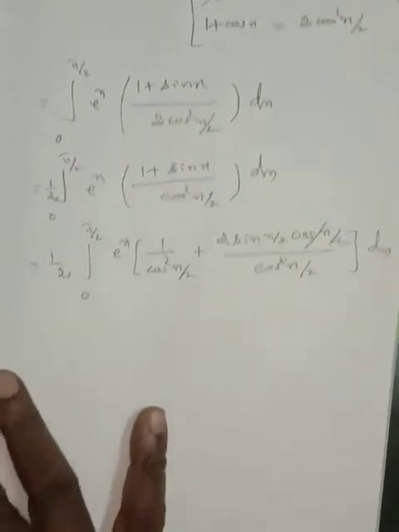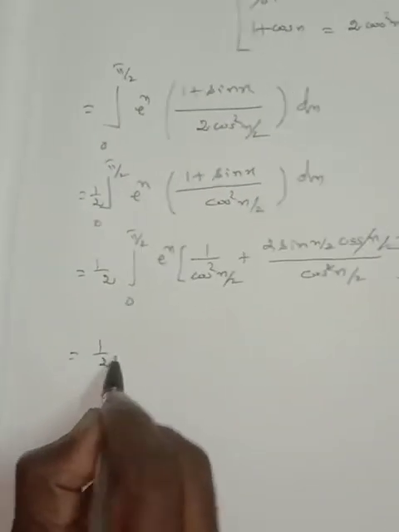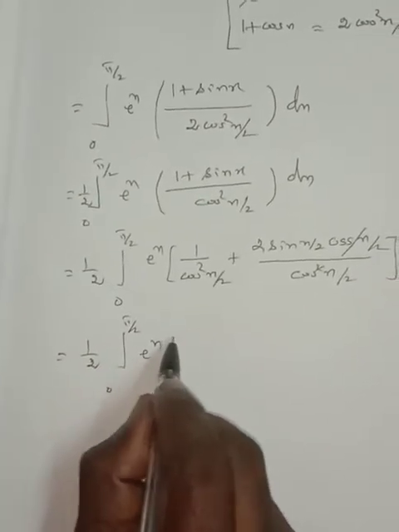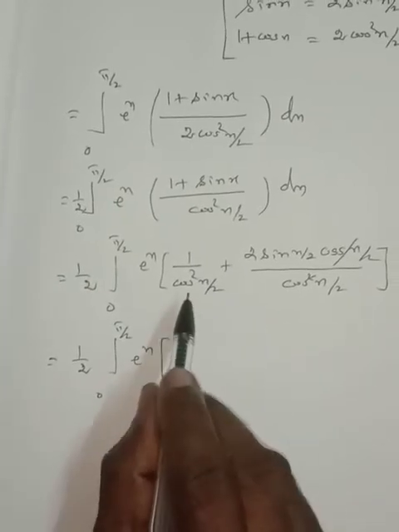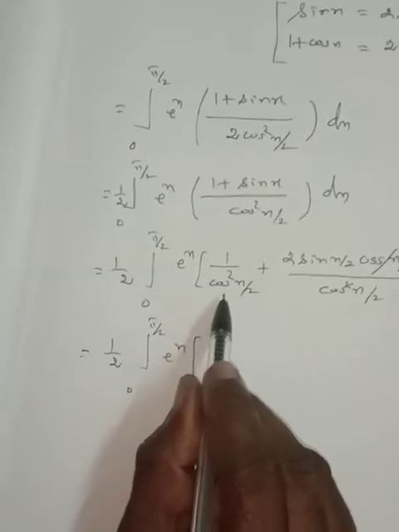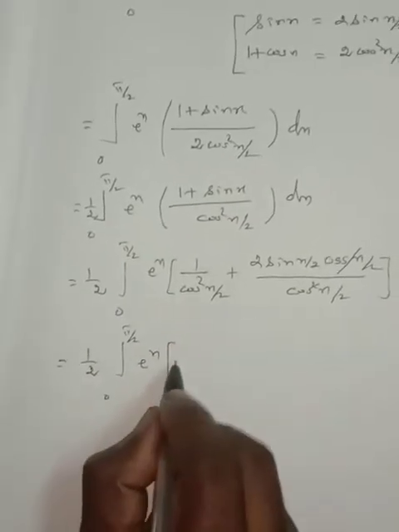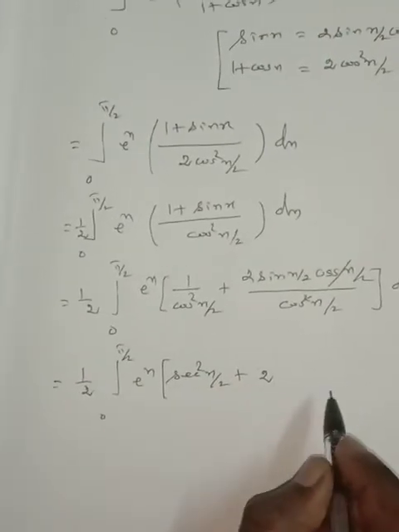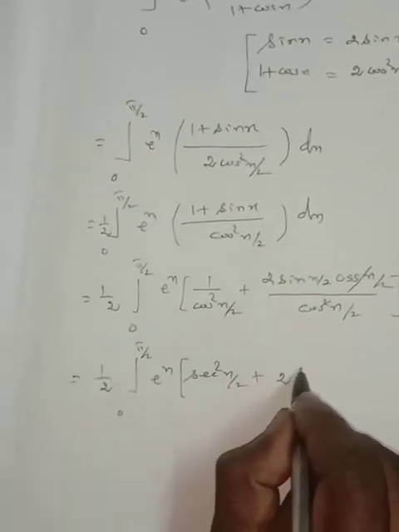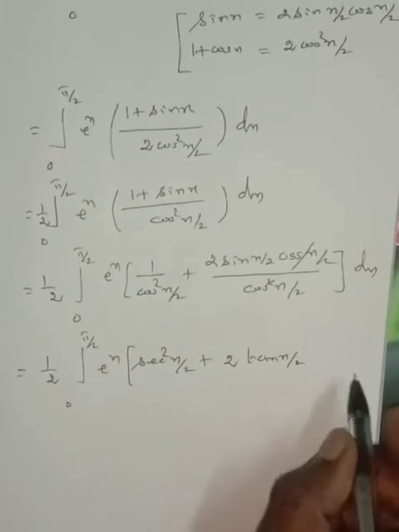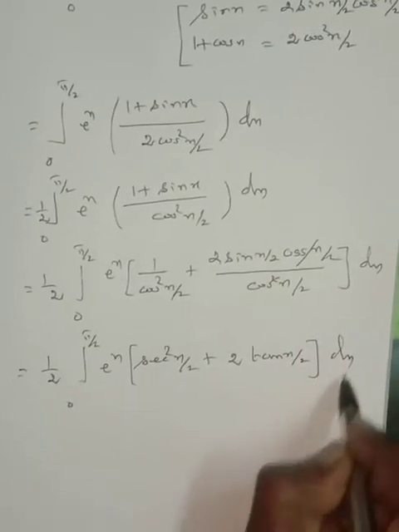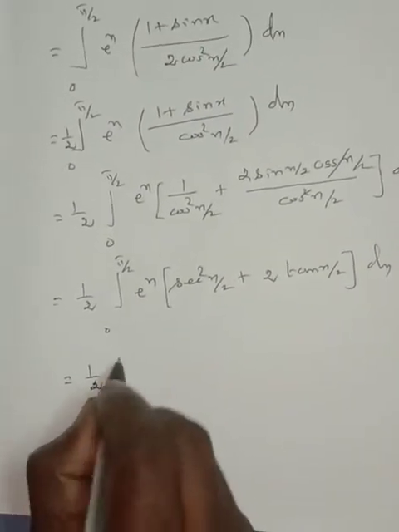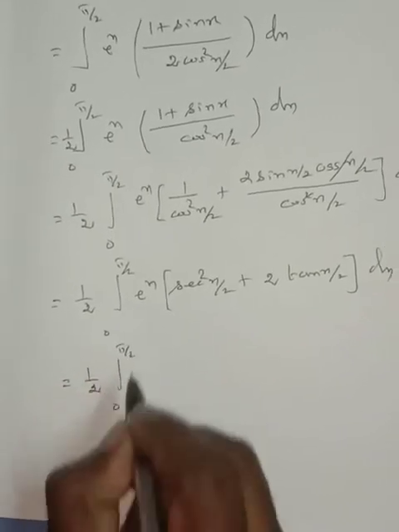Cos x by 2 cancels, we get 1 by 2 integral 0 to pi by 2 e to the power of x. Now 1 by cos x is secant x, so 1 by cos square x by 2 is secant square x by 2, plus 2 into tan x by 2, since sin x by 2 divided by cos x by 2 is tan x by 2, into dx. Is equal to 1 by 2 integral 0 to pi by 2 e to the power of x.